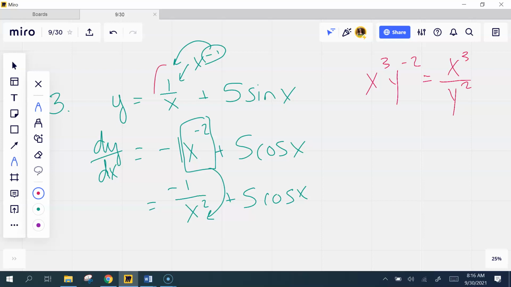It's just the backwards of what we did here. I just need you to know that every negative exponent, you can always move and make it positive.